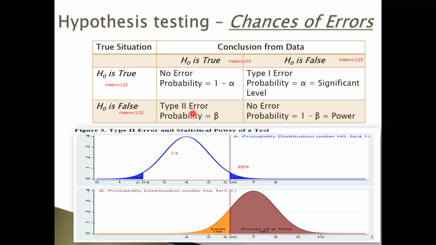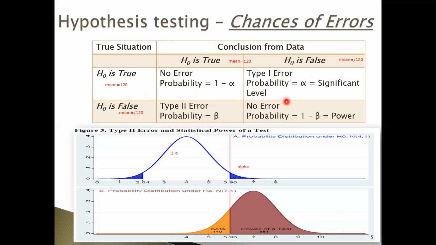This kind of error we call type 2 error, and its probability is called beta. That is, beta implies that we fail to reject the null hypothesis when it is false, or we can simply say we accept the null hypothesis when it is false.